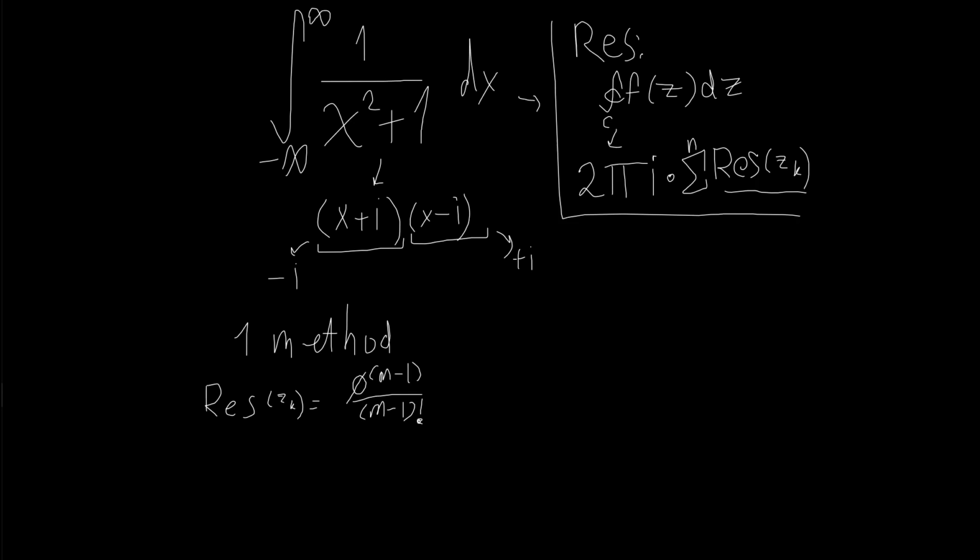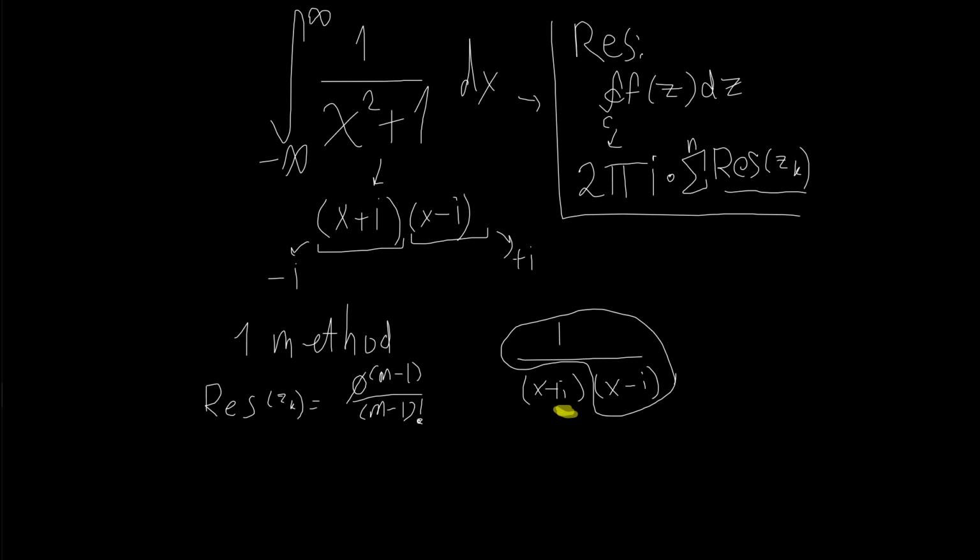But what is phi? Phi is basically the part that we don't use. So what does that mean? If we have something like 1 over x plus i, x minus i, and we're solving for the residue at positive i, phi would just be everything else. It would just be this part of the function.